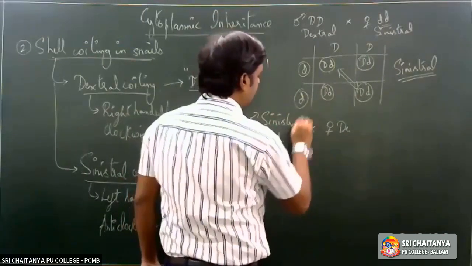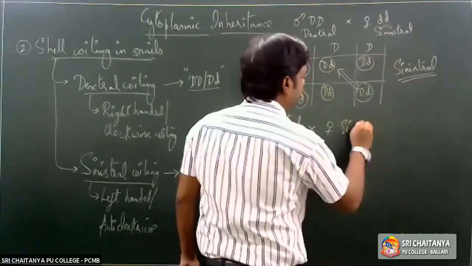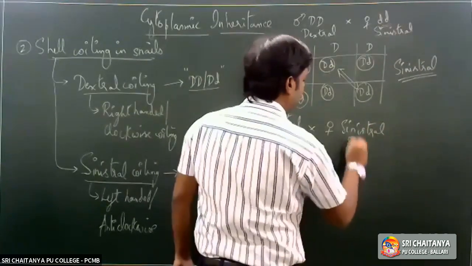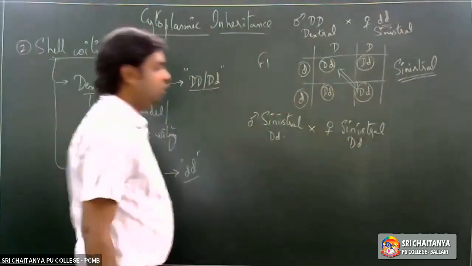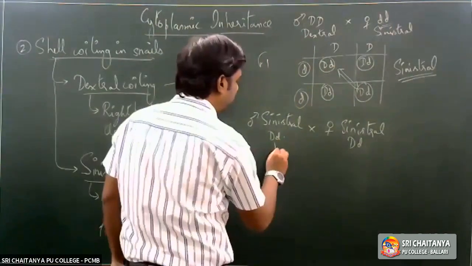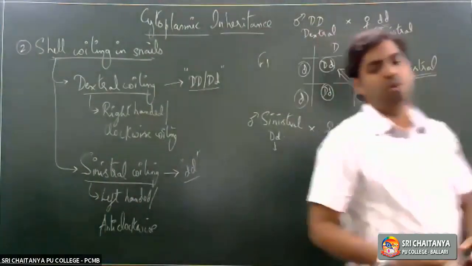So a sinistral male, when crossed with a sinistral female having this genotype. So what would be the condition now? This male will start producing two different types of gametes, capital D, small d, whereas this female also will start producing two different types of gametes.